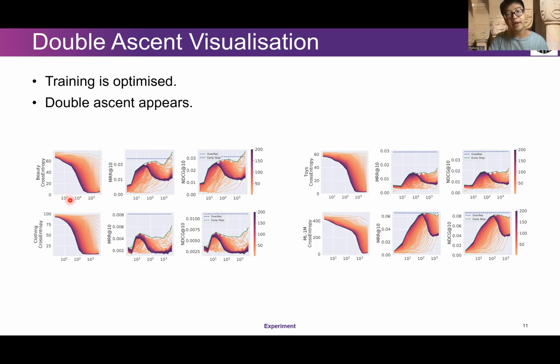For every model here, they are well trained. And for models with large model size, they are even more well trained. They have reached a lower training loss. And for all of them, they have the same chance here.